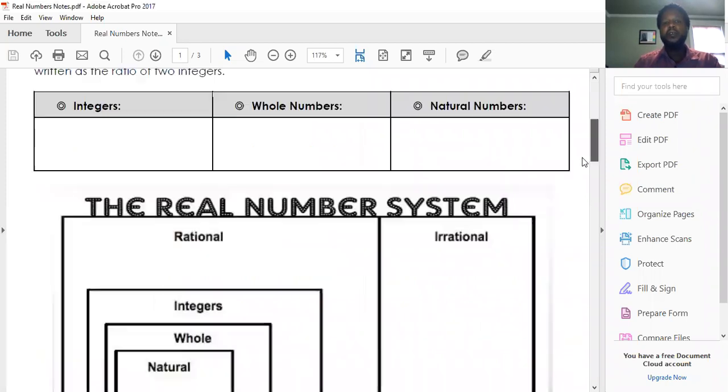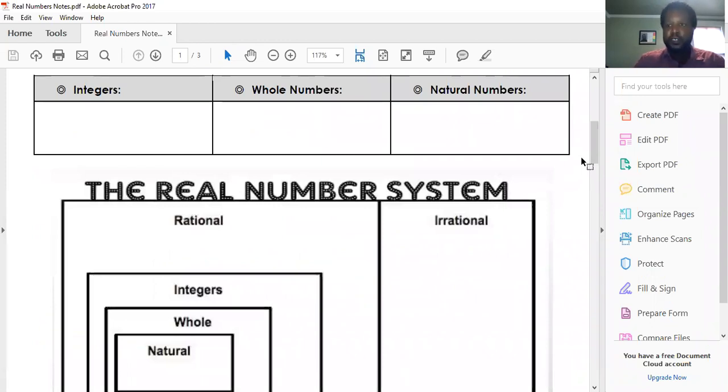Okay, so integers, okay, integers are going to be any number that is a whole number that is not a fraction, but can be written as a fraction, and is not a decimal, and it includes the number 0, and it includes all negative numbers, okay? So your integers, I'm just going to write an example of what an integer is here in this box.